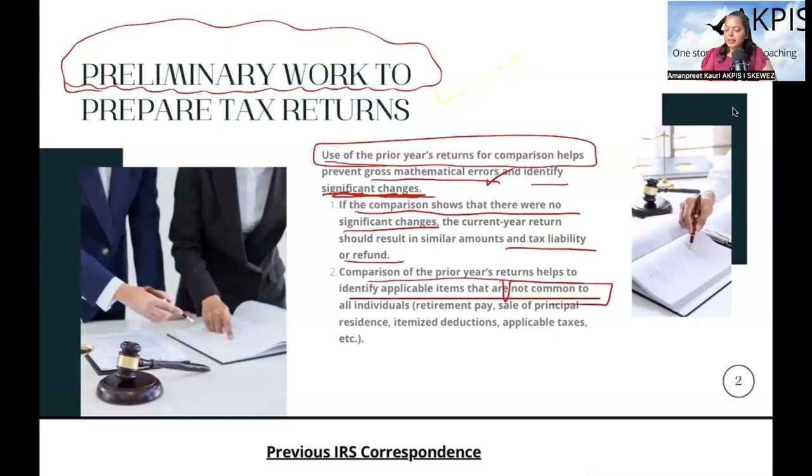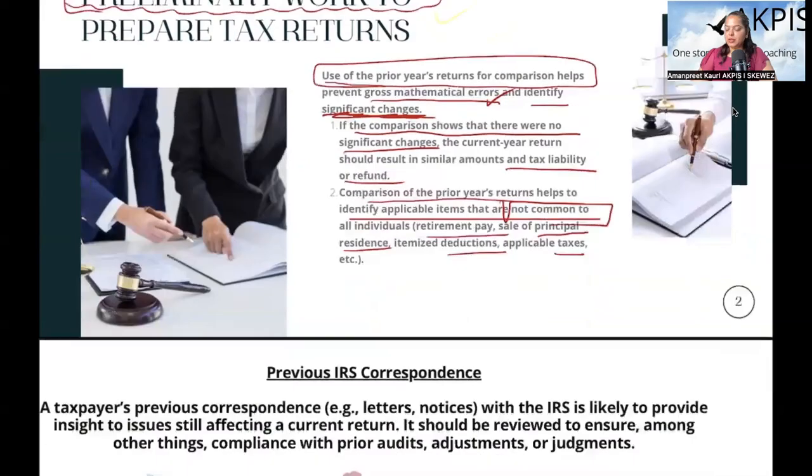For example, as I told you just a couple of minutes ago, you sold your principal residence, you sold your property, or you're eligible for retirement pay, or maybe for any kind of deduction or taxes and all that. So it's really very important to compare your previous year income tax returns with the current one for accuracy and for any kind of changes. For two things majorly: for accuracy and to identify any kind of major changes.